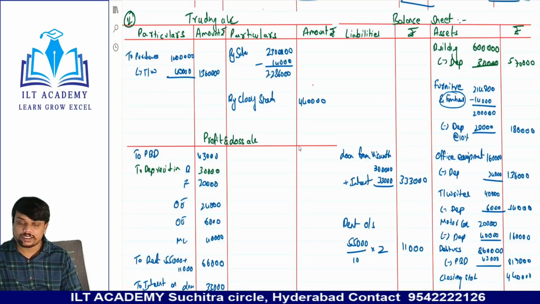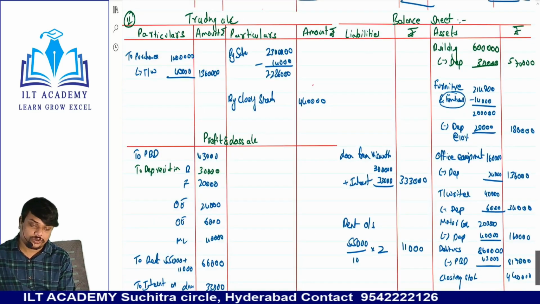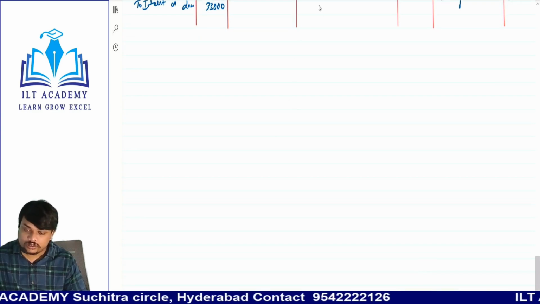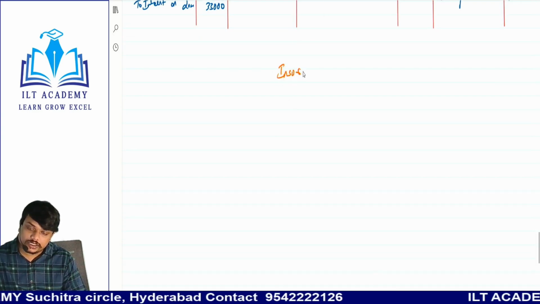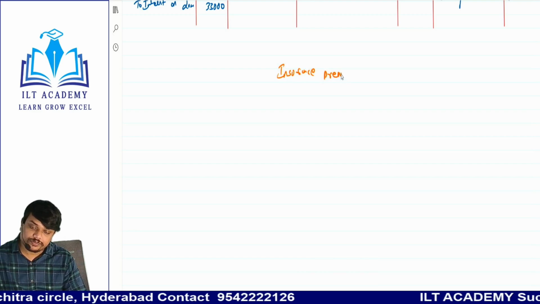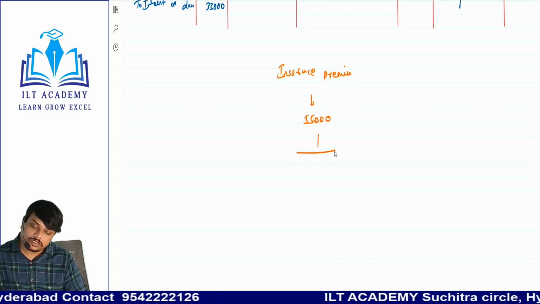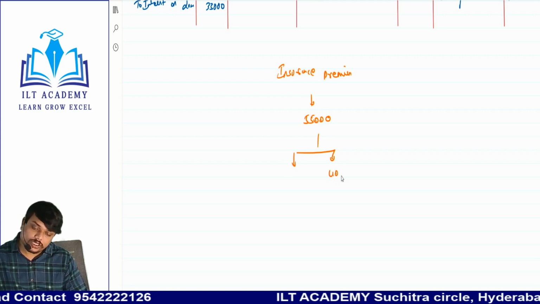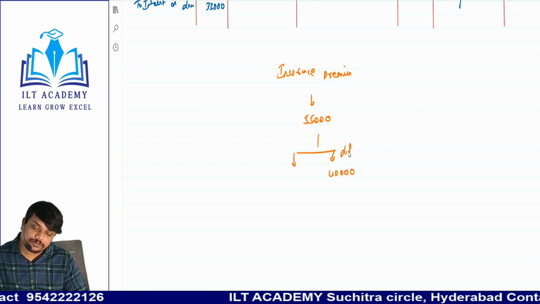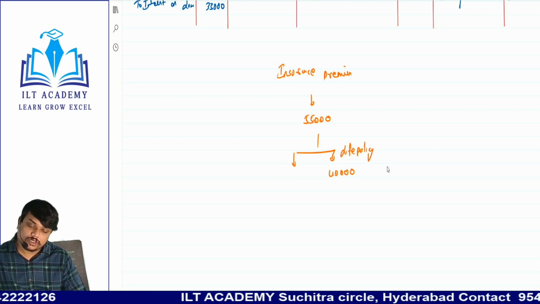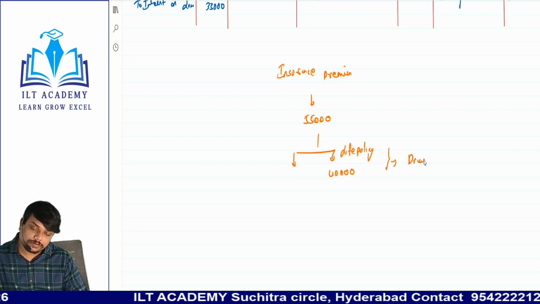So let us break this. Insurance premium is given as 55,000, in which 40,000 is life policy, which is nothing but drawings.